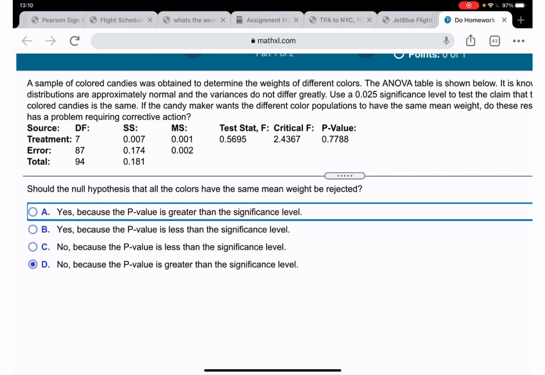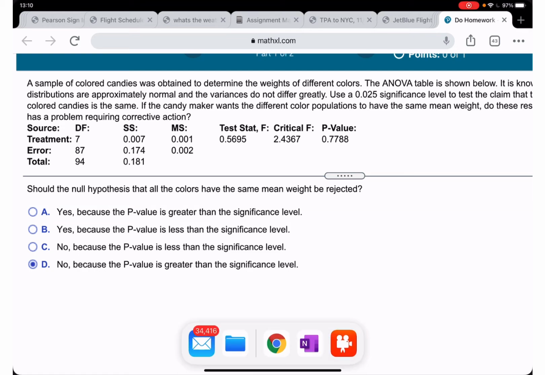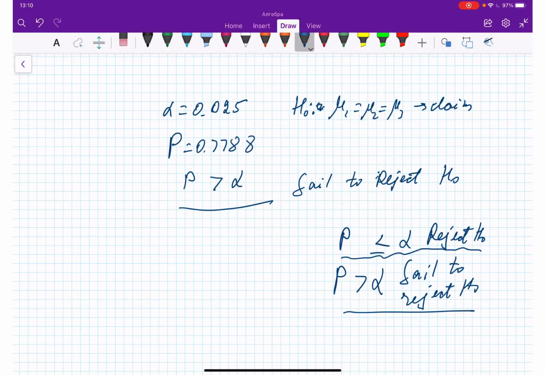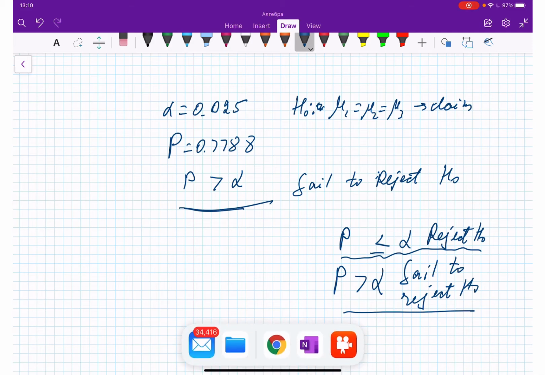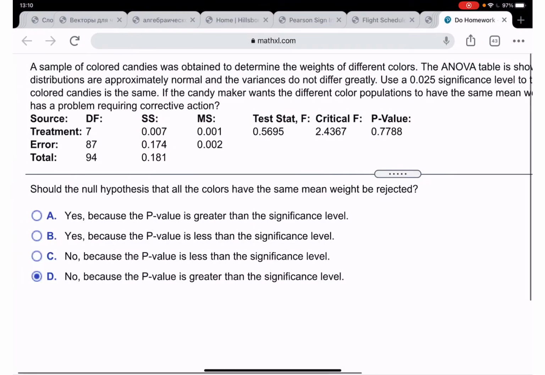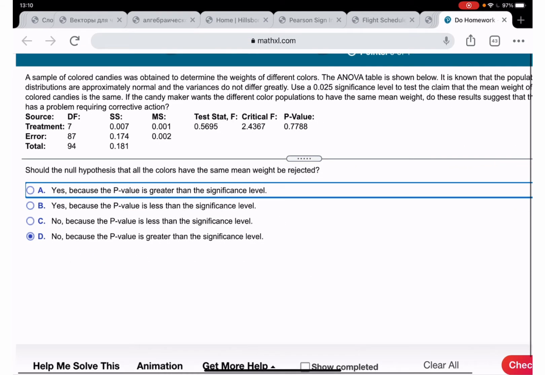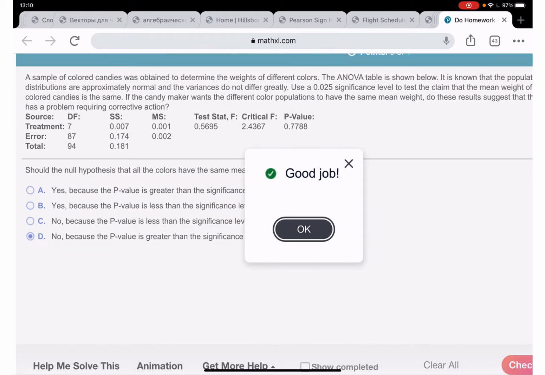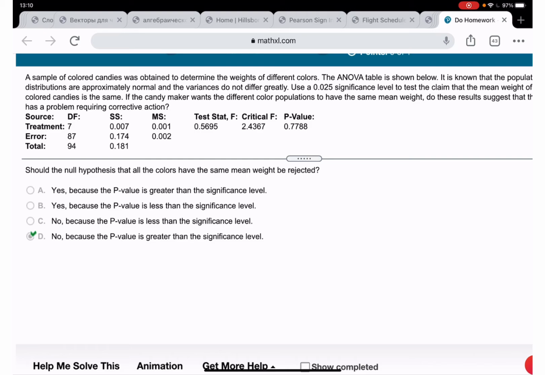Therefore, we choose no. In between C and D, we choose D, because we fail to reject null hypothesis based on the fact that p-value is greater than alpha. So we definitely choosing D. Okay, let's check. We are good.